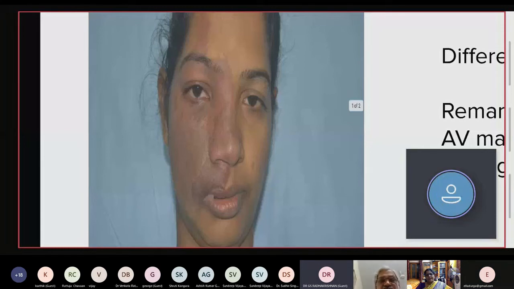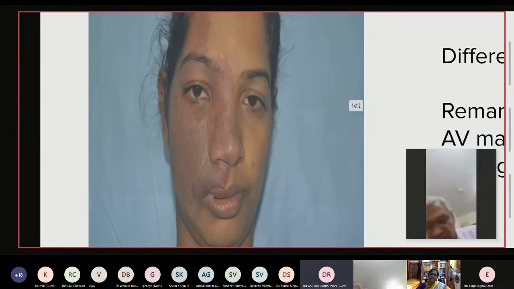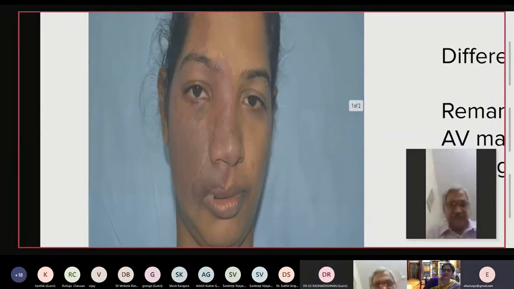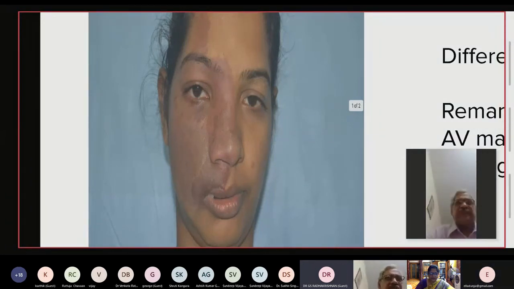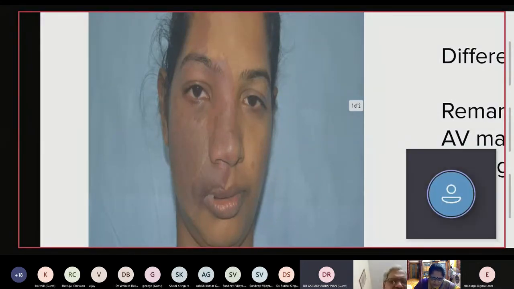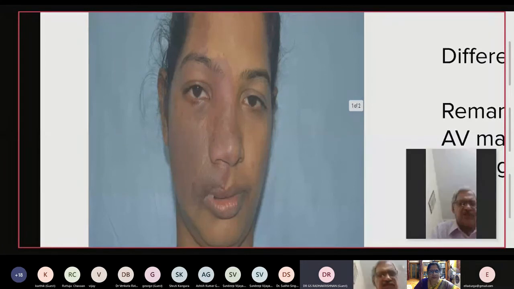I don't know whether others present in this would agree or not, but I think skin grafting will do more harm to the patient than good. So my personal view would be never skin graft, because you can't restore the expressions or the color match.